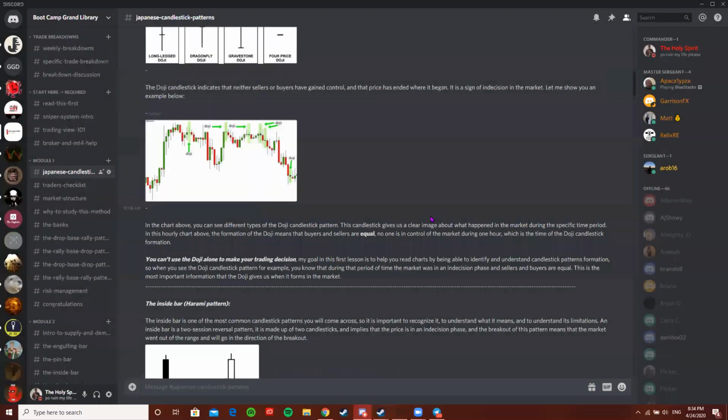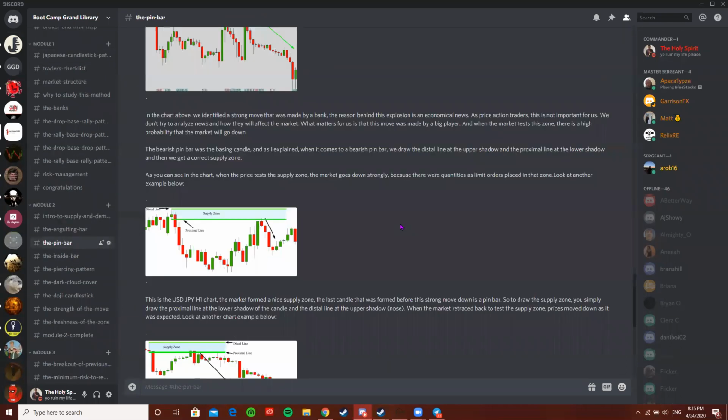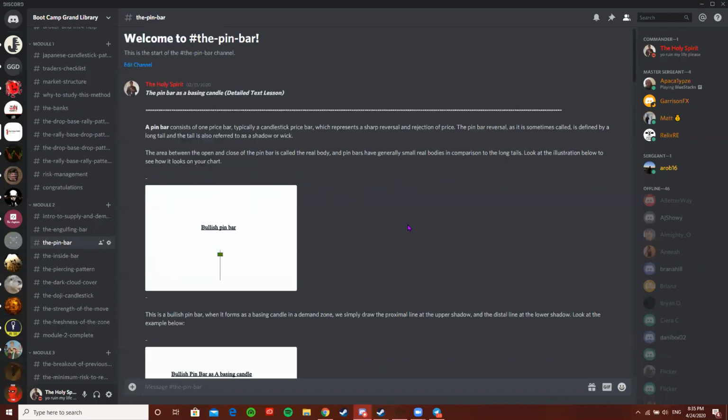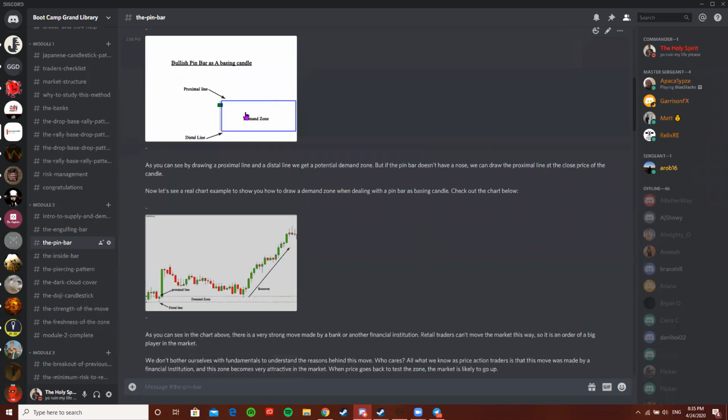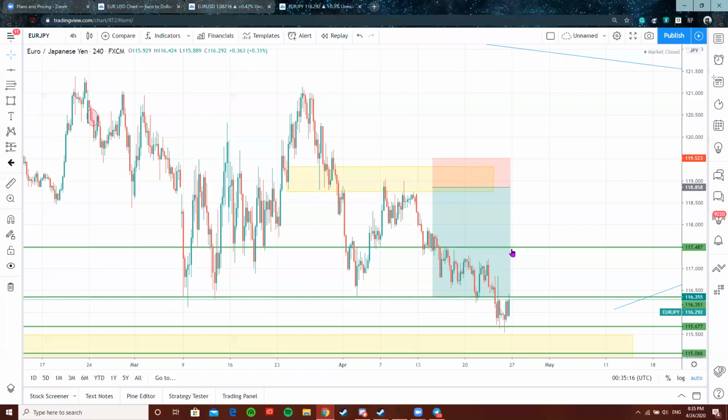That's how to trade them as well. That's in module 2. I go in depth on how to actually trade them, meaning, this is a pin bar. How do you trade the pin bar? You have this pin bar here, you have the demand zone, and how do you trade it? You should let me hop in that Discord. The link is in the channel.